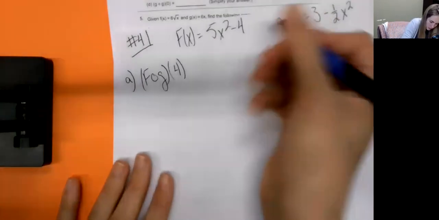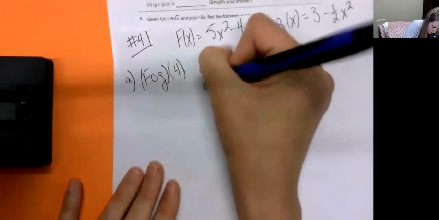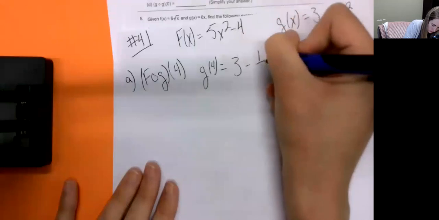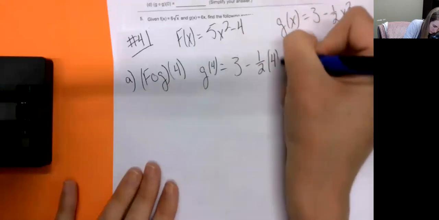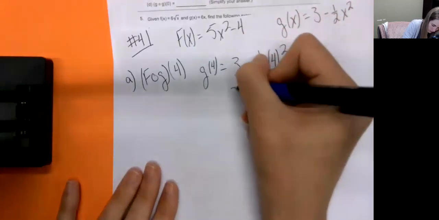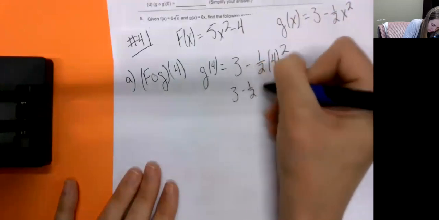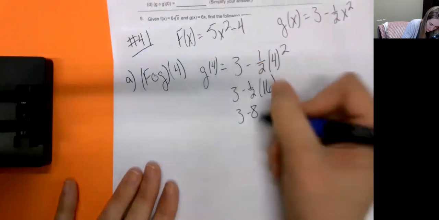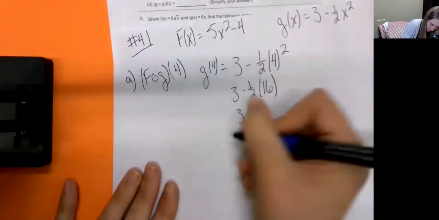So since g's the last one, we're going to plug 4 into g first. So I'd have g of 4 equals 3 subtract 1/2 times 4 squared. So 3 subtract 1/2 of 16. Half of 16 is 8. 3 subtract 8 would be -5.